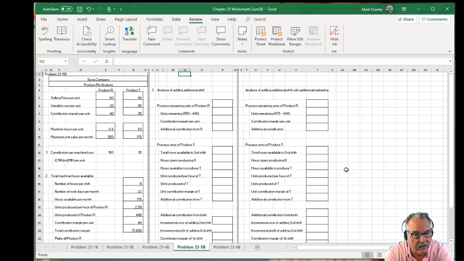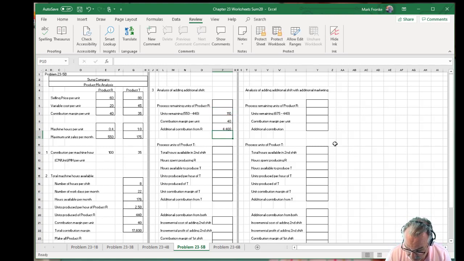Okay, so management says, well, let's talk about adding an additional shift. This is requirement 3. If we add an additional shift, that means we're going to have another 176 hours, and we can finish making as many of product R as we possibly can, which is 110, because we made 440 in the first shift, so we're going to make the additional 110, and we still get a contribution of $40.